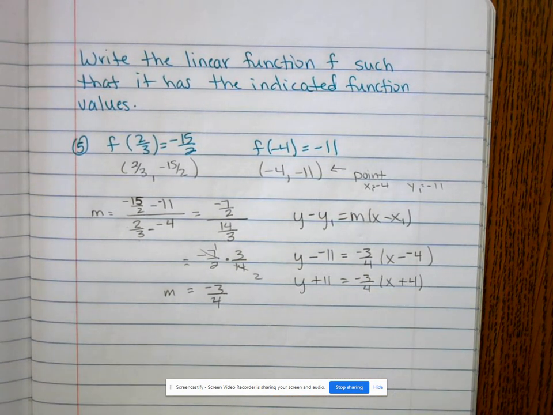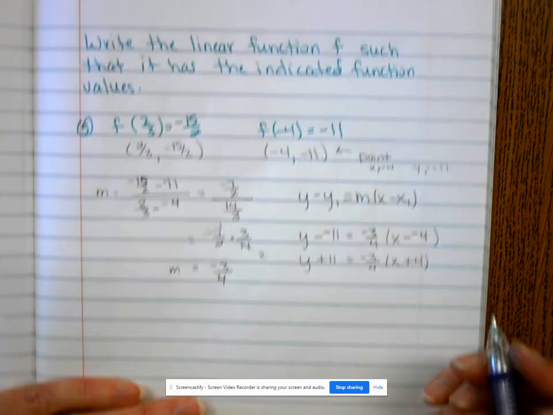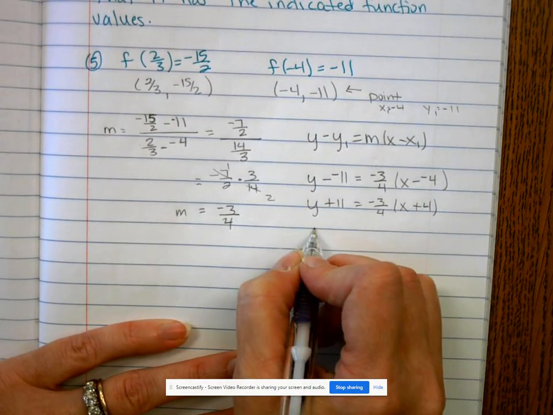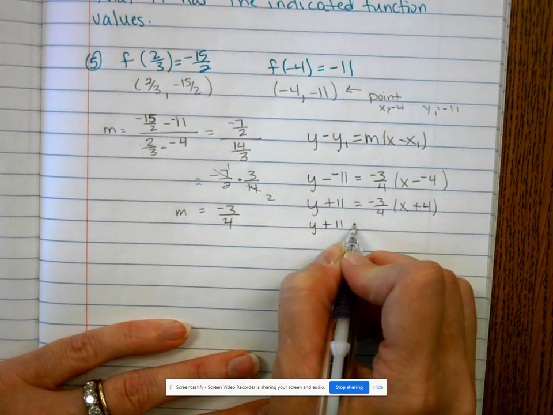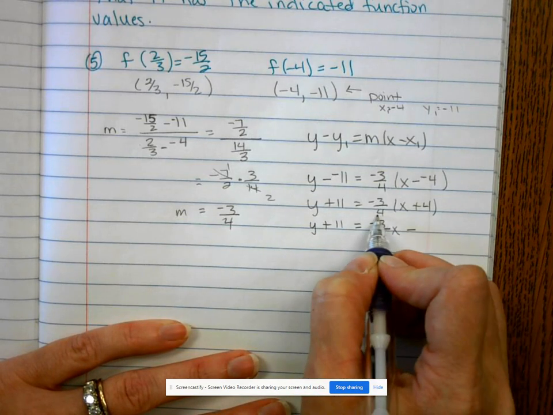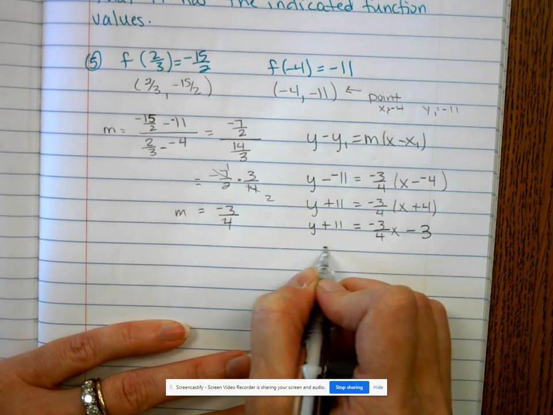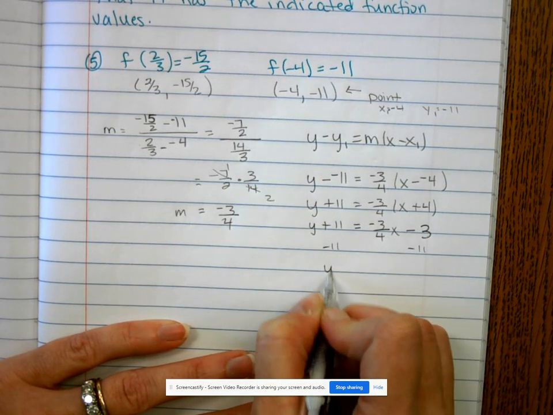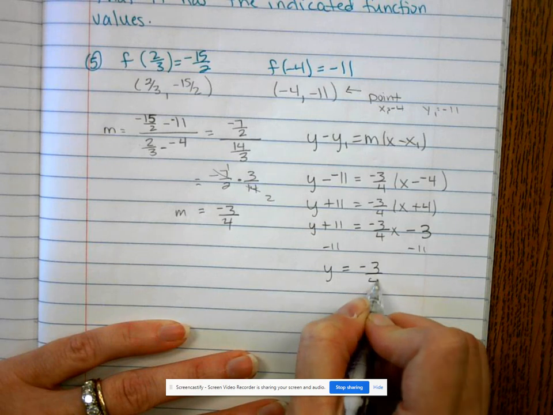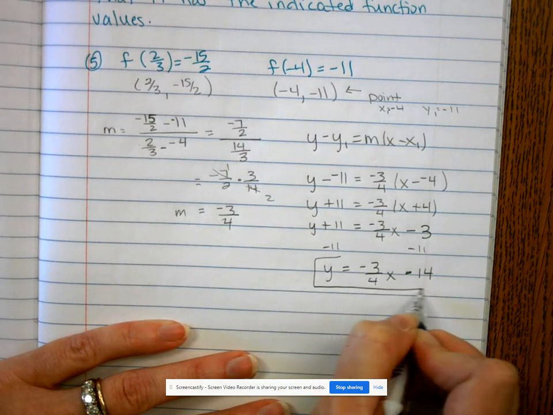If it's an open-ended question, you could really stop here, but they like for it to be solved for y, especially on a multiple choice question. So we're going to distribute the -3/4. Good thing here is those 4's cancel, so this is just 3. And then we're going to subtract 11. And that is your answer.